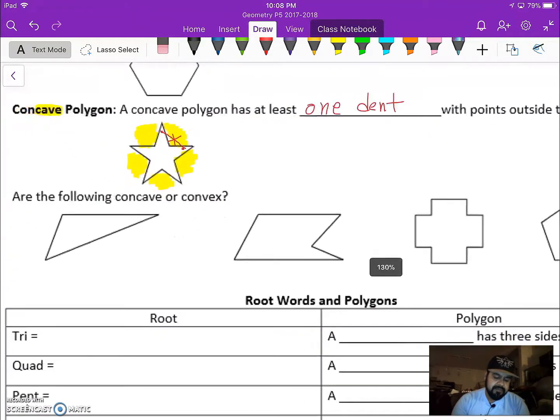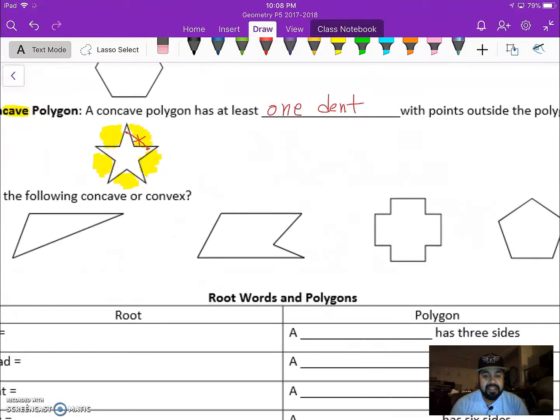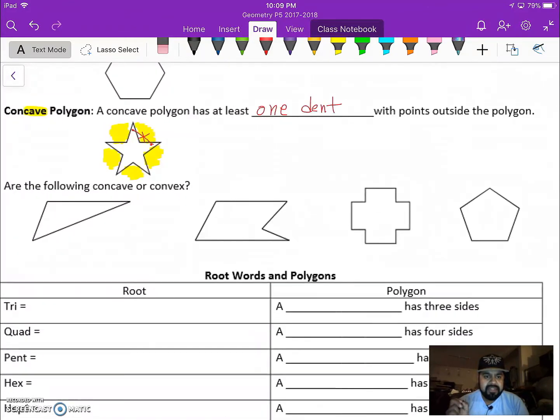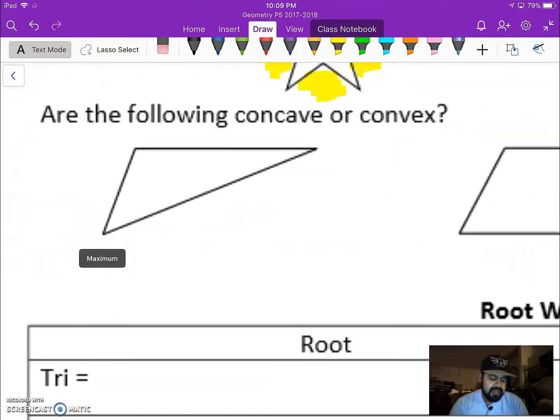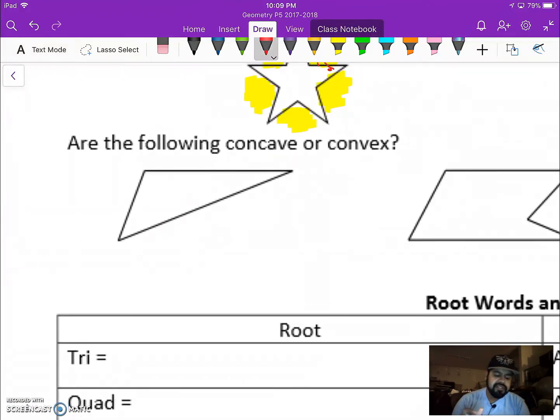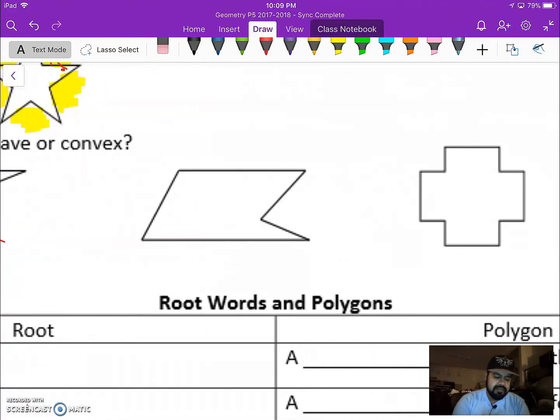So take a second, go ahead and try to classify these 4 shapes as either concave or convex. Right here on our first one, there's no cave for our bear to sleep in, so we say that this is convex. On this second one, we see that there is a dent, which is this shaded region here. This is our little cave, so therefore this is concave.